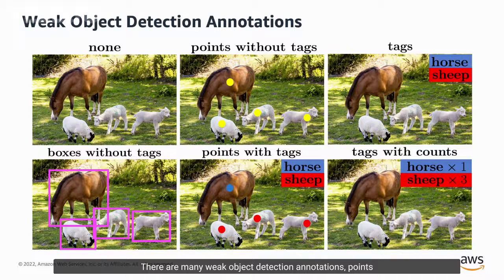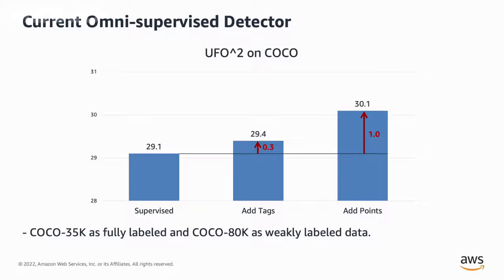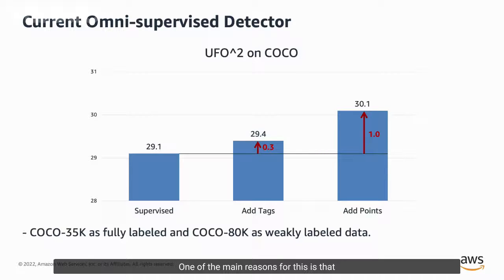There are many weak object detection annotations, points, tags, counts, for instance, but they are not well explored in the literature, and the majority of the detection frameworks are designed to be used with complete annotations. One of the main reasons for this is that using weak annotations doesn't have much benefit yet.